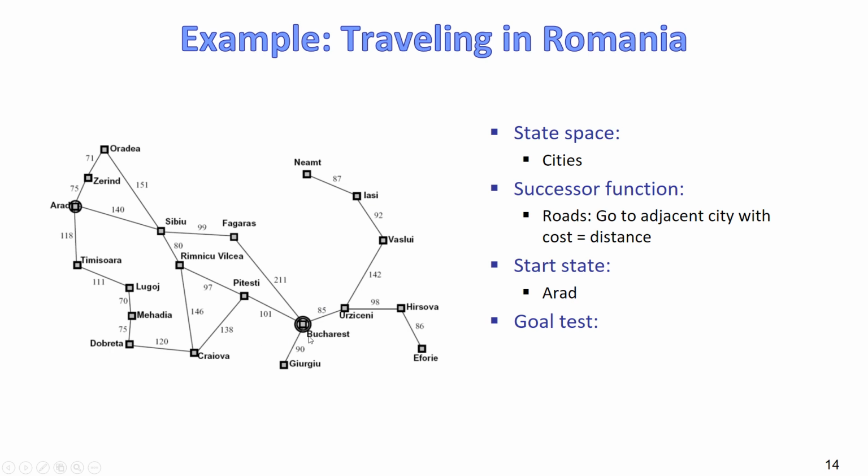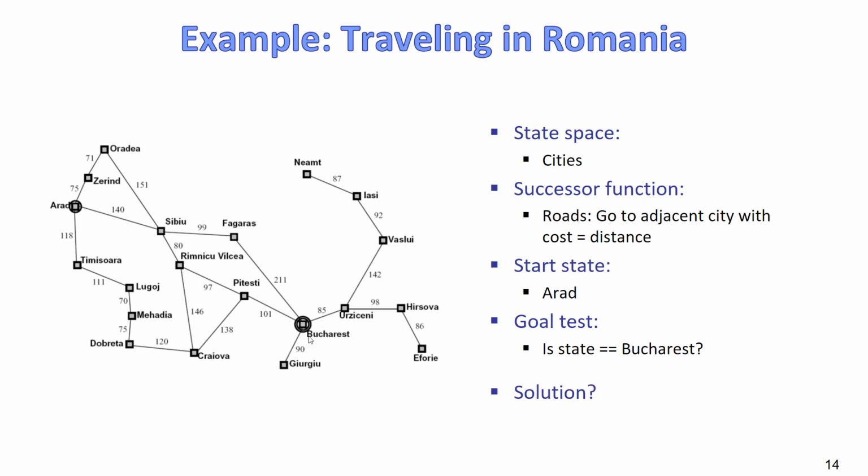So the test is just to see whether my state is Bucharest or not. That's simple. Because if the state I am in now is Bucharest, then I'm done, regardless of how I went there. How I went there is the solution. And the solution might be optimal or not. I have many solutions here. But the goal test is to test whether I am in Bucharest or not.